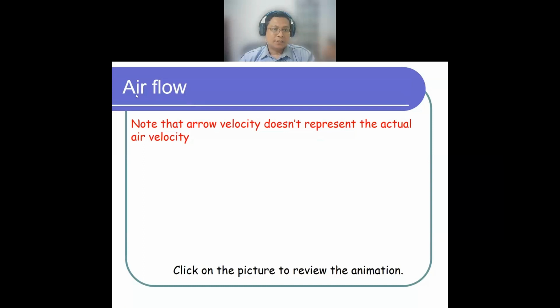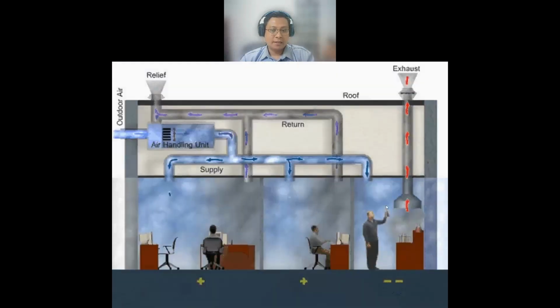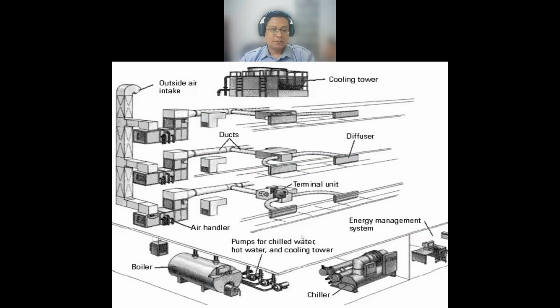Now we touch about air flow. Note that the air velocity doesn't represent the actual air velocity, so we can measure the actual air flow. This is how we design, depending on the zone requirement. Some part may be a pantry, some an office, so different conditions.